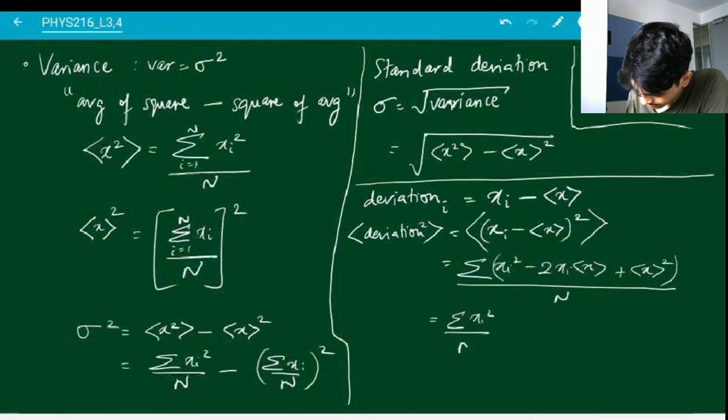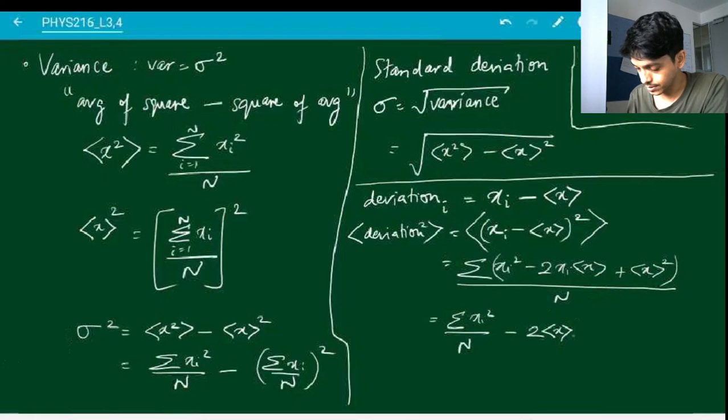So we get the sum of xi squared divided by n, minus, now notice over here that this average is just some constant which comes out, and the sum over xi divided by n is just the average itself.